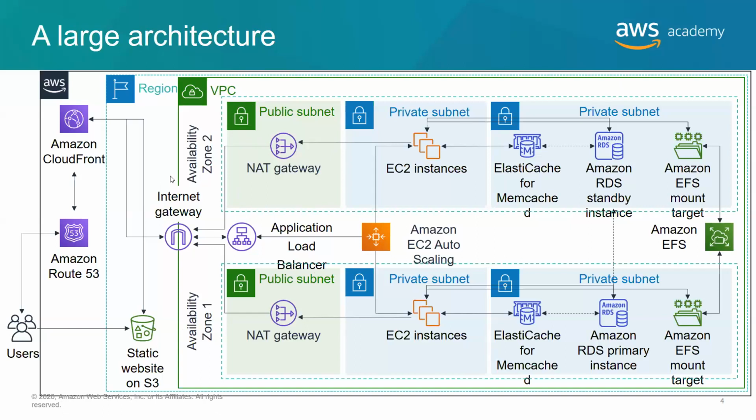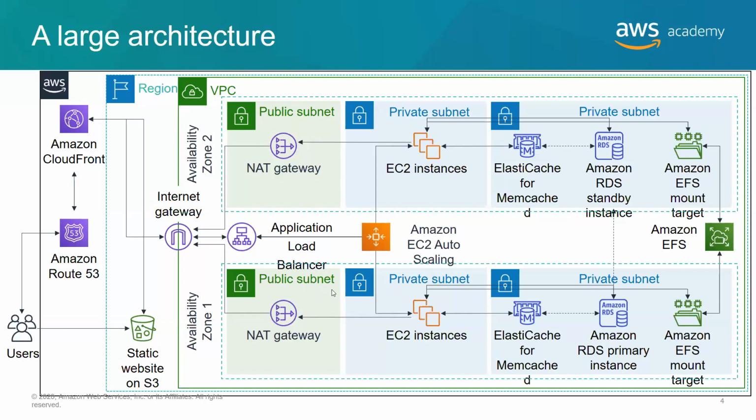In availability zone 1, we have a public subnet and a private subnet. I'll explain what a subnet is later. The public subnet will have an internet connection, directly connected to your internet gateway, so you get internet here.